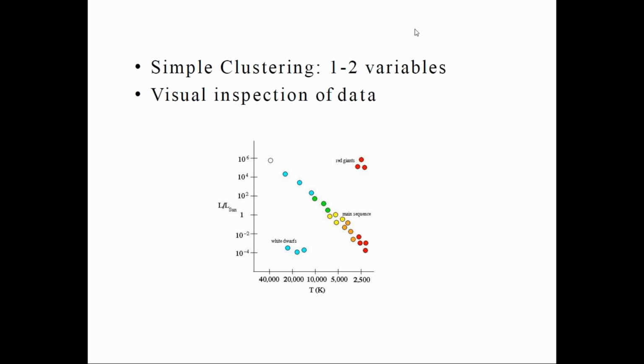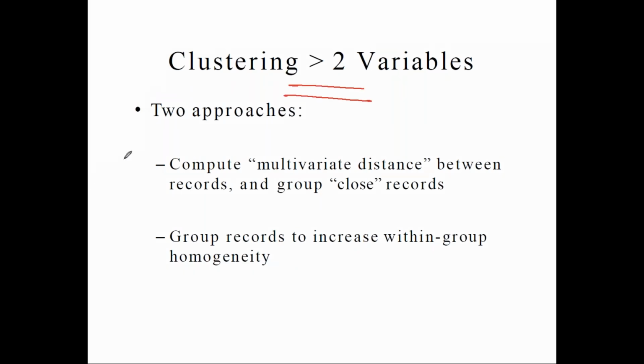But if you're having more than 2 variables, in the sense more than 2 columns, then at least you should have a minimum of 3. In that case, you should compute multivariate distance between records and group the close records.